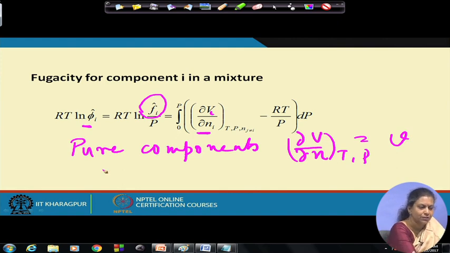But in this particular case, can we simply substitute the molar volume in this particular equation, or will the contribution of the volume of component i when it is in a mixture be different as compared to the contribution of component i when it is added to its own particular system?